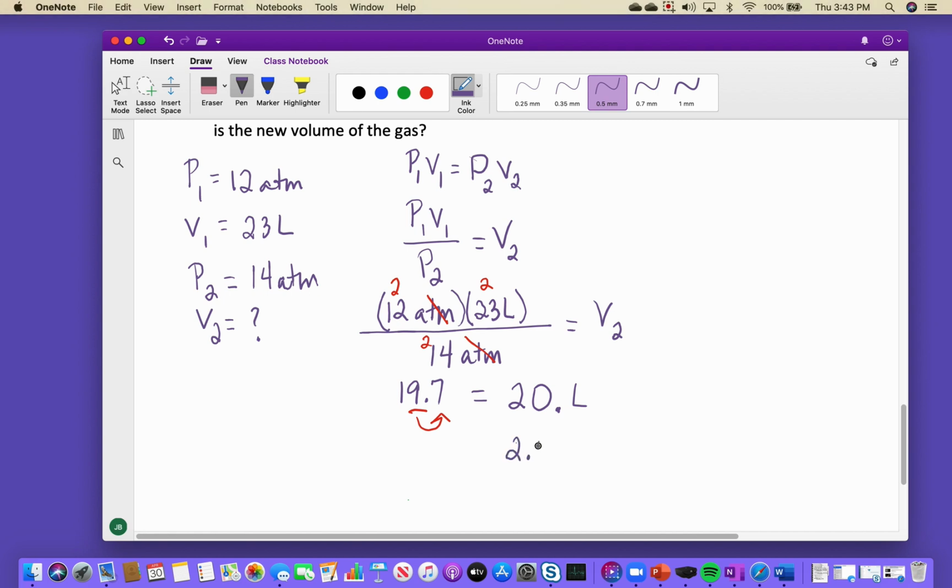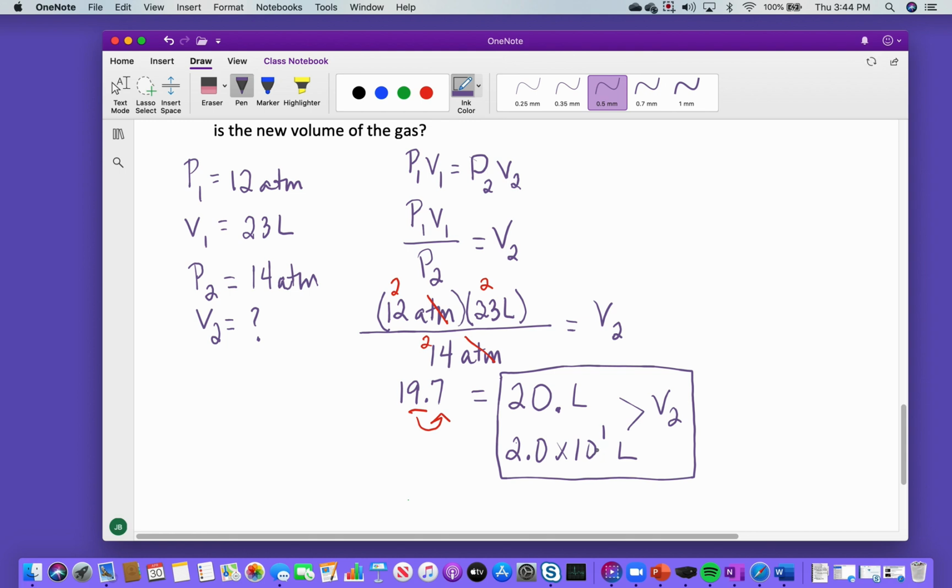So we can say 2.0 times 10 to the first liters. Either one of those answers would be the correct way to write our change in volume.